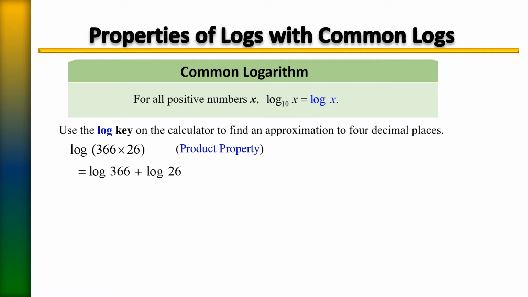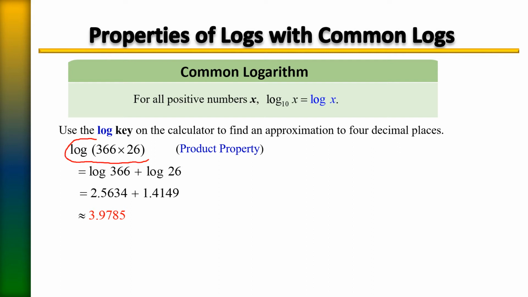So then if you were to add these two logs together, find their calculations and then add them together, you should get 3.9785 if we're rounding it to 4 decimal places. Now, you could have also done this at a much quicker step by simply using your log key, and you can do it all in one.